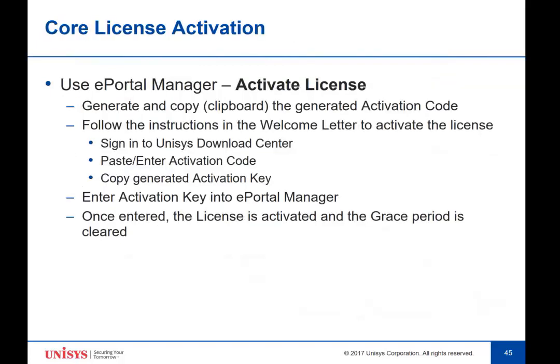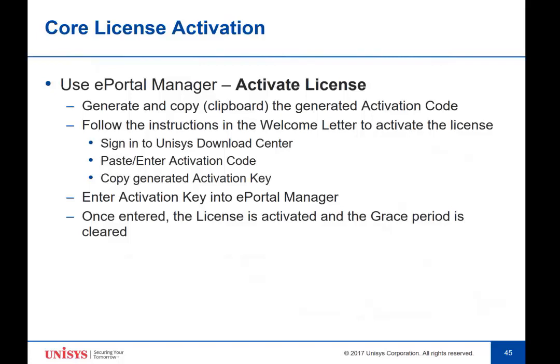So there's an activate license page that has a browse function, and you just browse to that COD file. What it does is generate an activation code for you. So it installs the license and generates an activation code. At that point, a grace period starts, and you need to activate that license.